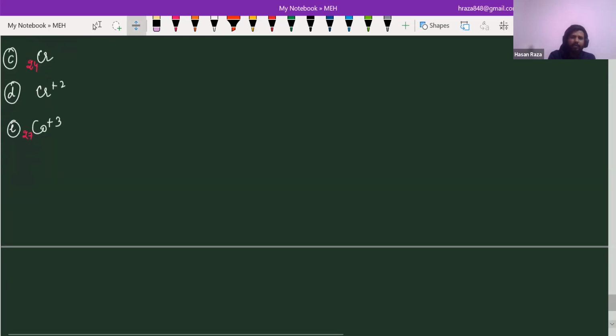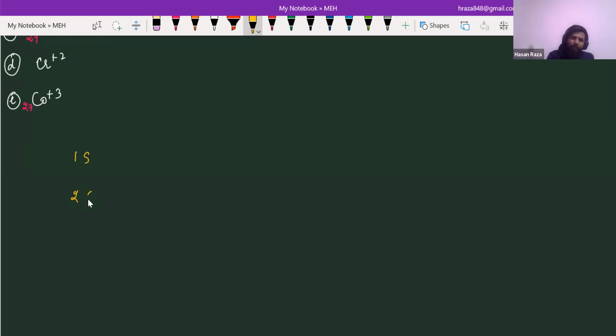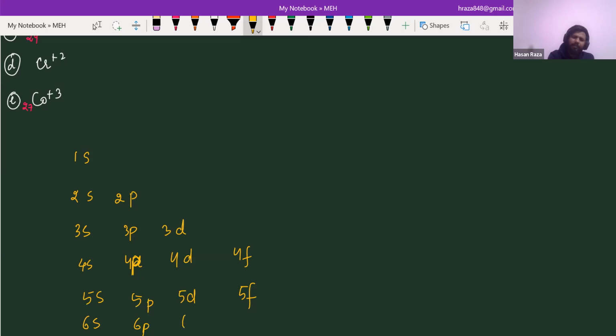For inorganic chemistry, it's very important to know the electronic configuration. So 1s, I'm going to write 2s 2p, then 3s 3p 3d, then comes 4s 4p, 4d 4f, then comes 5s 5p 5d 5f, then comes 6s 6p. It is enough, I think. 6d 6f.